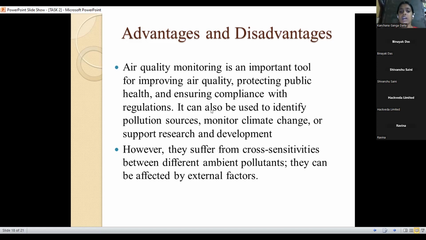And disadvantages. This also faces some disadvantages, like, as we all know, lab grade monitors are very costly. Also, they suffer from cross sensitivities, which means ambient pollutants. That is, even if the air is okay at some particular time, external factors like unexpected natural calamities or any atmospheric changes may affect these air quality monitoring systems.